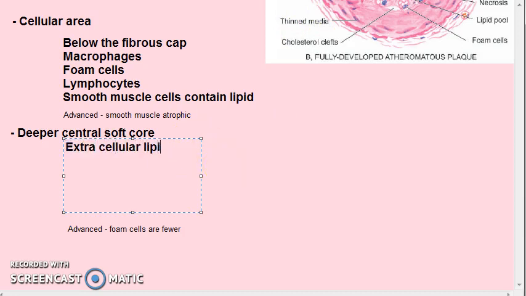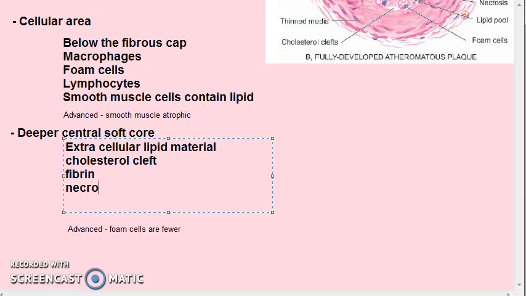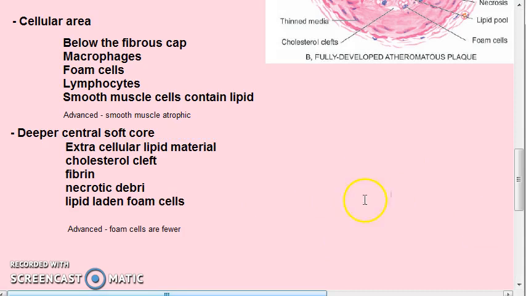The lipid is not inside something, it's extracellular lipid material, cholesterol cleft, fibrin, necrotic debris, lipid-laden foam cells. See, lipid-laden foam cells are here.